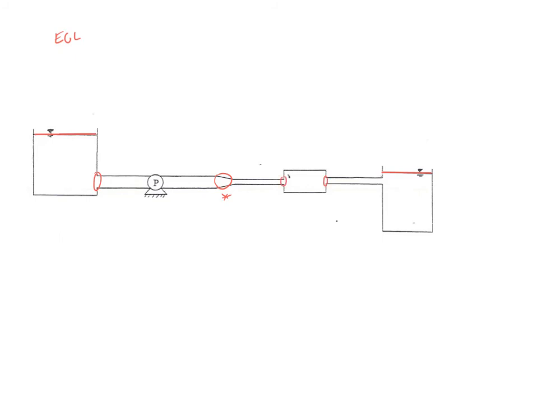Here, here, here. We also have this pump that we have to take into account, which is going to cause a major increase in energy. Granted, this is all qualitative, so you can draw it however you want. So we're going to lose some energy right here. That's going to be the head loss due to the entrance.